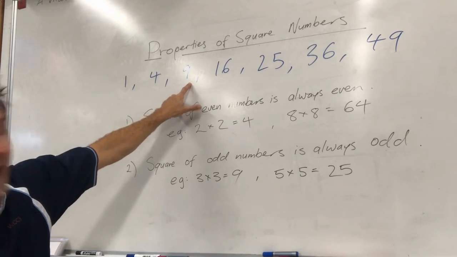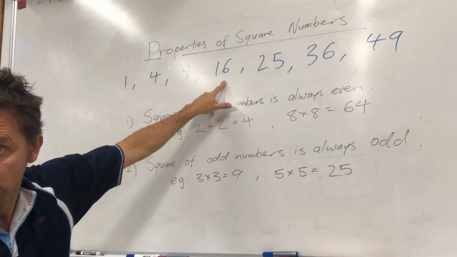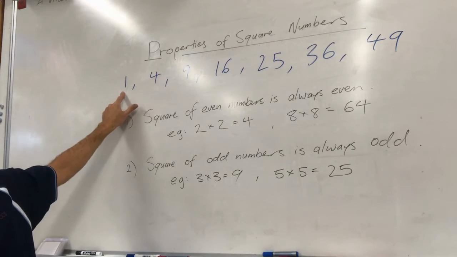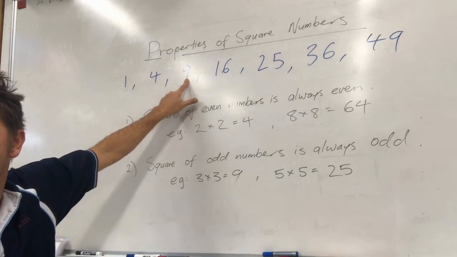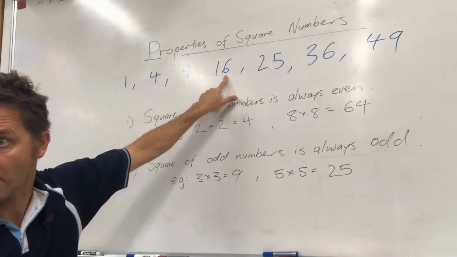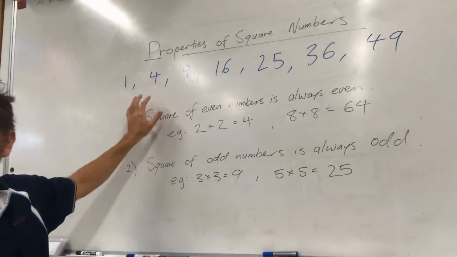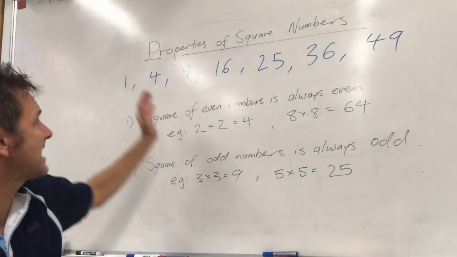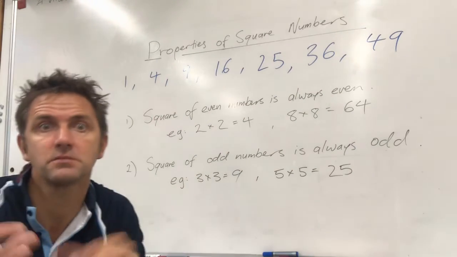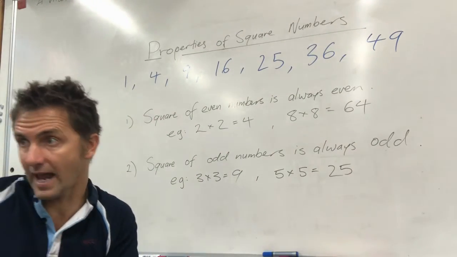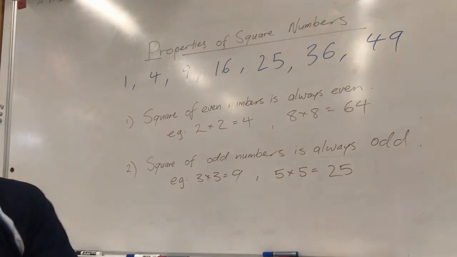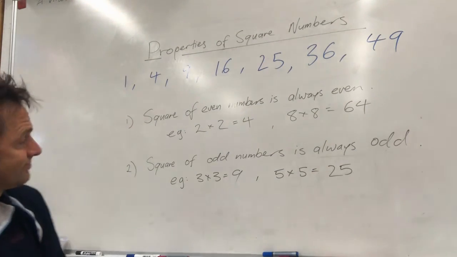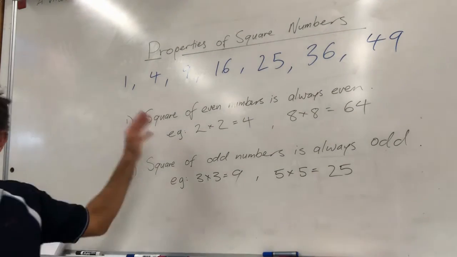The fourth square had 16. This is 1 times 1, this is 2 times 2, this is 3 times 3, this is 4 times 4. These are definitely not all even numbers. These are your consecutive, which means one after the other, square numbers. Is that making sense? Great question.